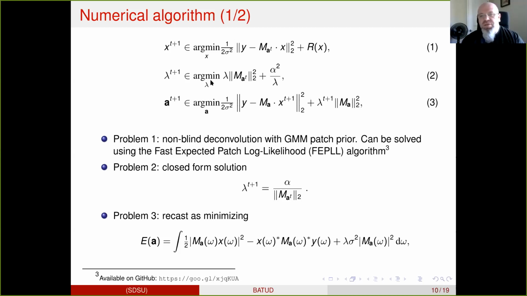For updating lambda, it turns out that there is a closed form solution. So lambda t plus 1 is directly given by that. So very, very easy to compute and very fast, of course. And the last one is updating the parameters. So what we do is we recast this problem in this way.